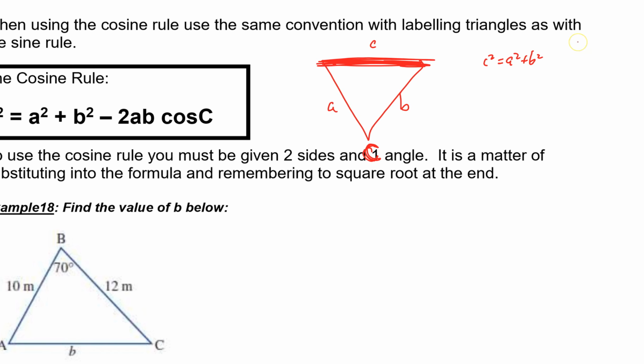Now it's like this with an adjustment: minus 2AB cos C. So it's this side squared, plus this side squared, minus 2 times this side by this side, times the cos of the angle in between. Everything has to do with this angle here and the adjacent sides, and that allows us to calculate the opposite side.